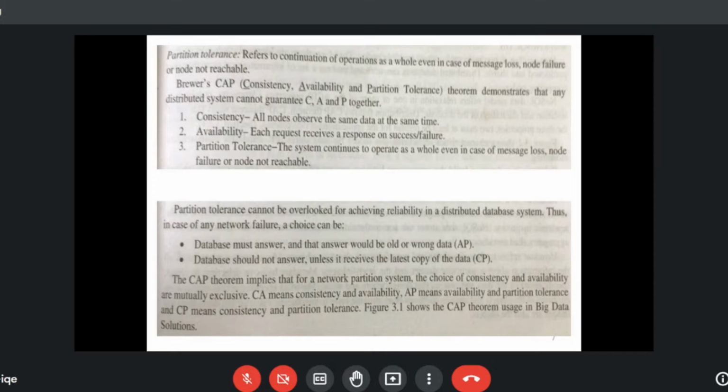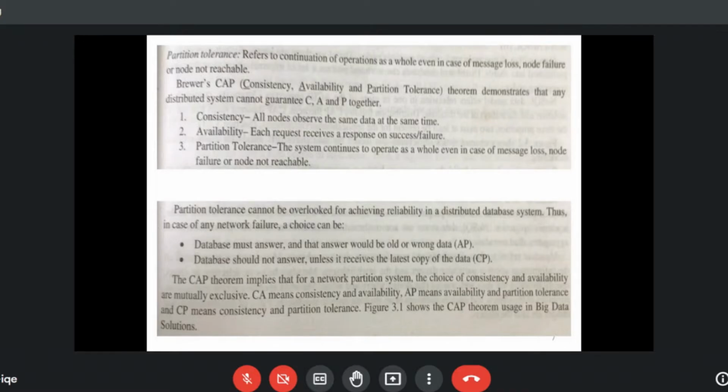Partition tolerance cannot be overlooked for achieving reliability in a distributed system. Thus, in case of any network failure, a choice can be: the database must answer, and the answer would be old or wrong data. Or the database should not answer unless it receives the latest copy of the data.